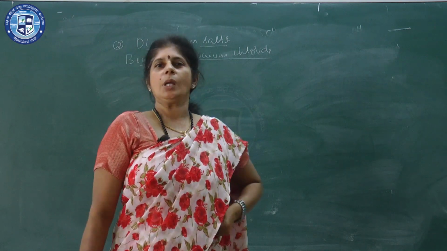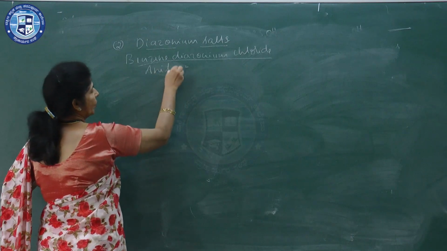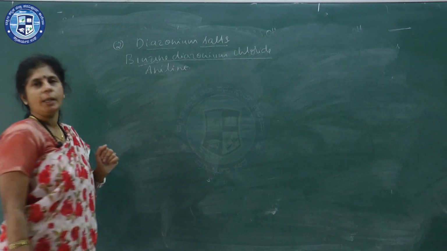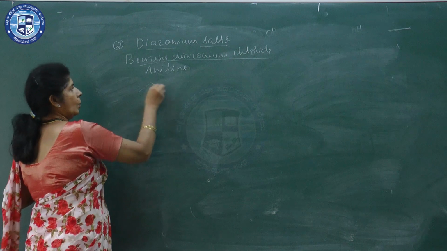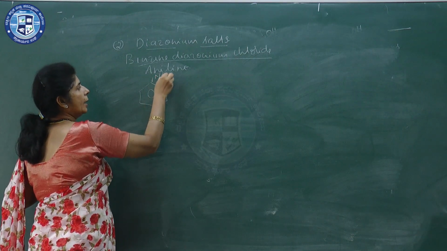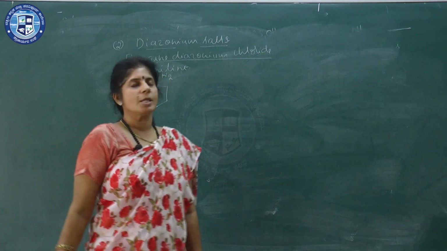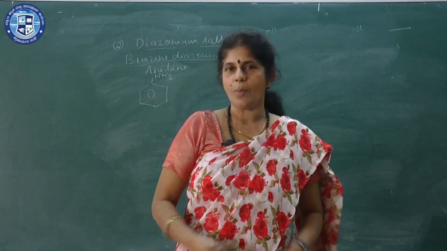And the preparation is from aniline or benzenamine. You have to go for benzenamine or aniline, where the NH2 group is directly linked to the aromatic ring structure. Right? It is aniline, benzenamine.